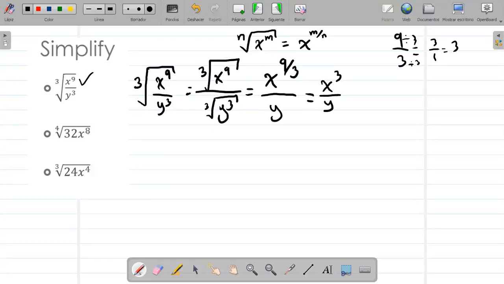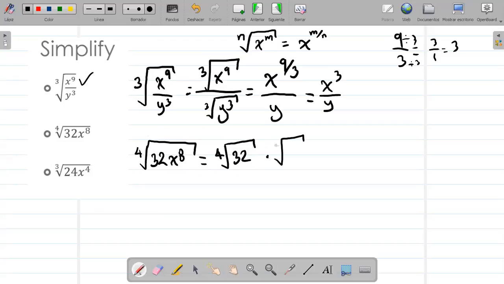And I think that if you don't get it, don't worry about it. What matters for me is that you apply those properties, okay? So I'm gonna write this exercise in here. The fourth root of 32 x to the power of 8, okay? And here we're gonna do the same. We're gonna separate the fourth root of 32 times the fourth root of x to the power of 8.